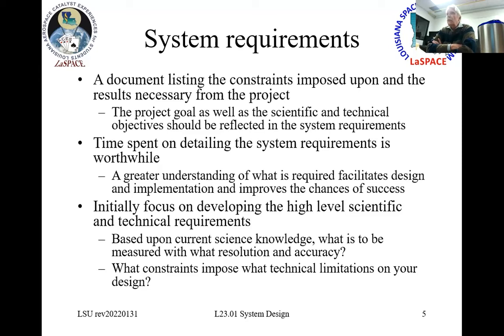Since you're going to be flying on a balloon payload, there are going to be particular technical objectives and limitations. You're going into a vacuum-type environment. So a technical requirement is that your payload has to survive 5 millibars of pressure.